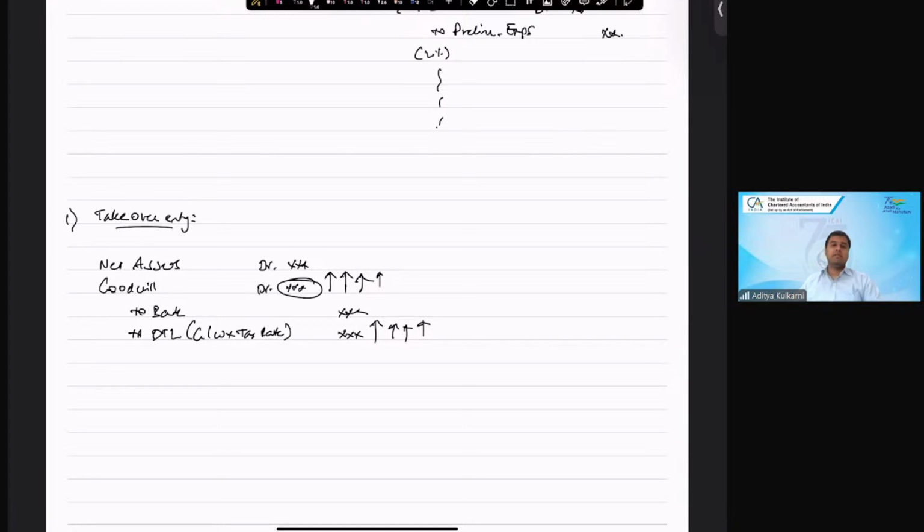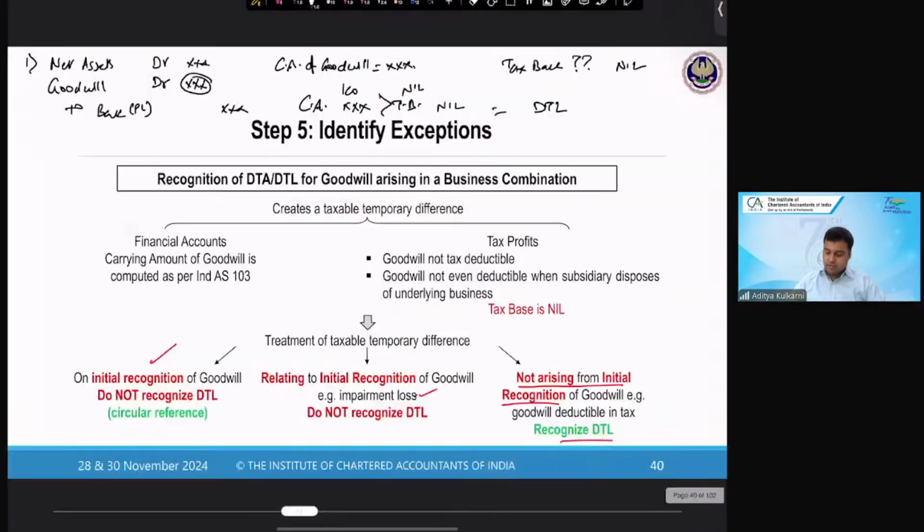For this purpose, initial recognition of goodwill, we do not create a DTL. Did you understand? So, on initial recognition of goodwill, do not recognize DTL.